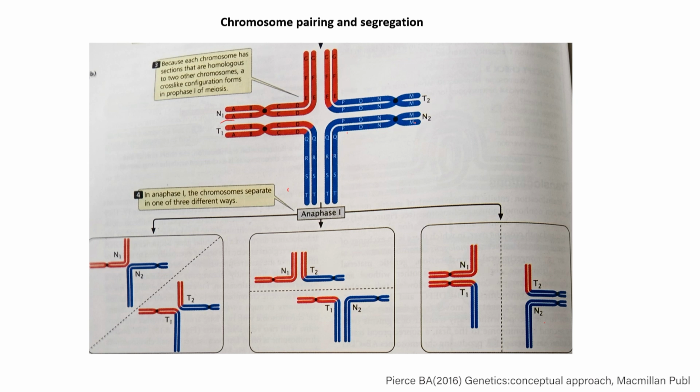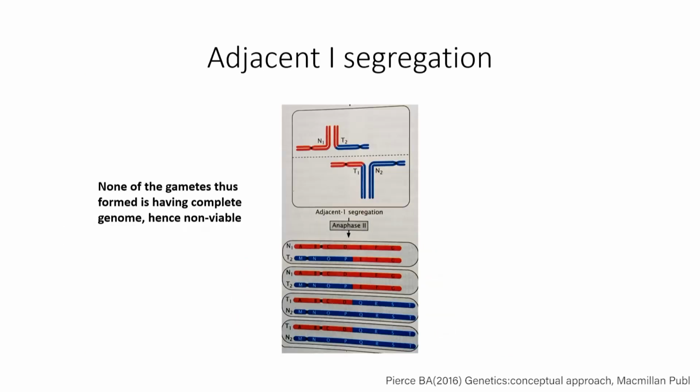Same thing is here: this blue part is the duplication of this red part, and its next red part is not there. So this is also incomplete, this is also incomplete. You can see again that all these have an incomplete genome. So none of the gametes thus formed has a complete genome, hence they are non-viable.